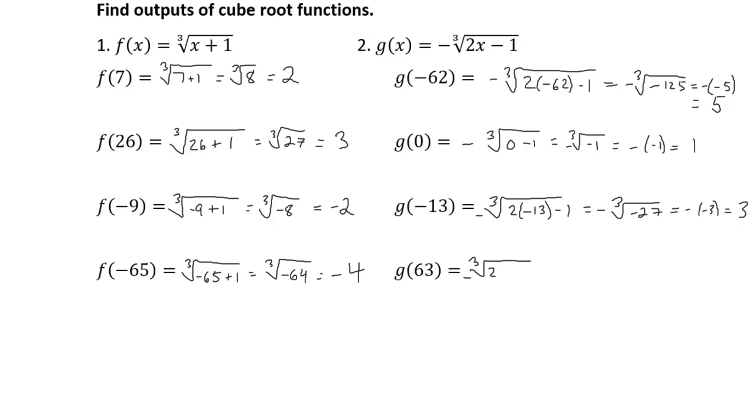That's 2 times 63 minus 1. So negative cube root 2 times 63 is 126, minus 1 is 125. And so that equals a negative 5. So this is how we plug in. It's very similar to function notation, which we've done in the past. Let's look at our last set of examples.